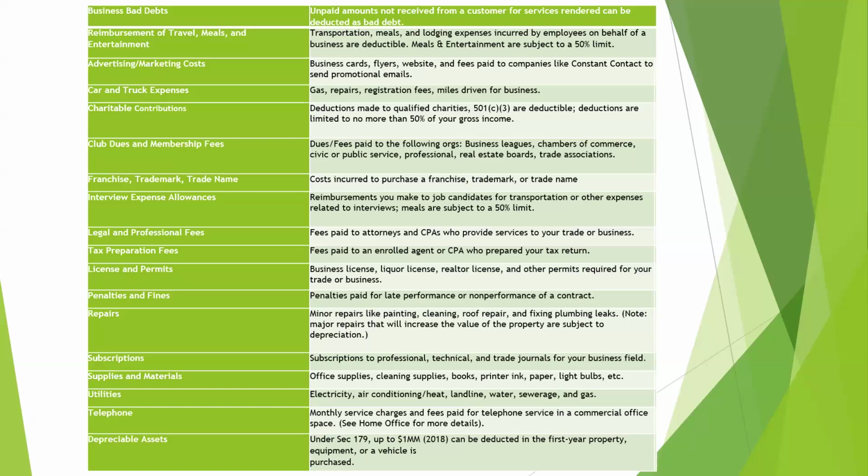For advertising, so advertising and dues and subscriptions can toggle between each other. So I want to emphasize that a little bit here. Advertising would be like if you went and bought business cards, letterheads, your website, if you're paying for Google ads, because you're running advertising, if you're running advertising on Facebook, if you had to buy yard signs, those types of things are going to be all advertising, something to get your company to get with you, right?